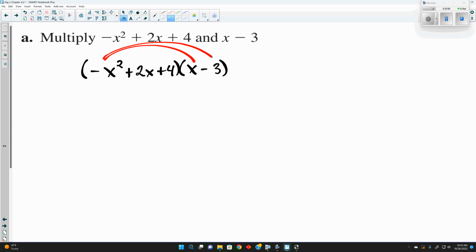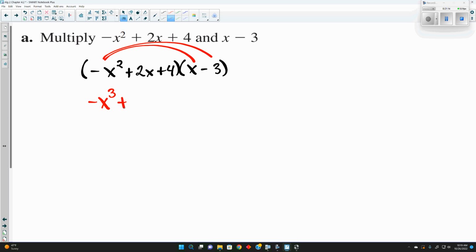So we can start off with negative x squared. So we'll do negative x squared times x, which is going to be negative x cubed. We good? Then we can do the next one, negative x squared times negative 3.